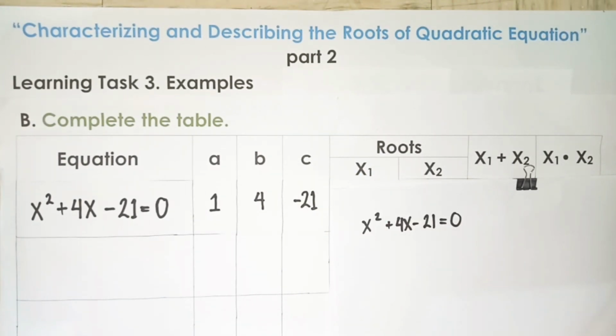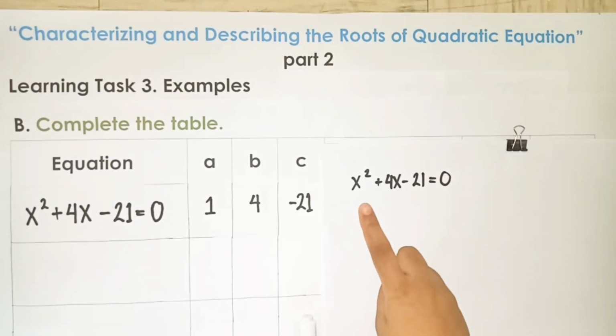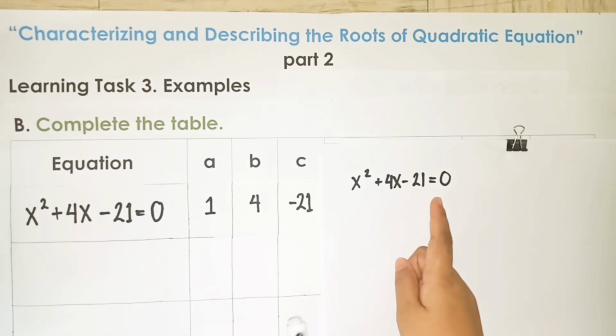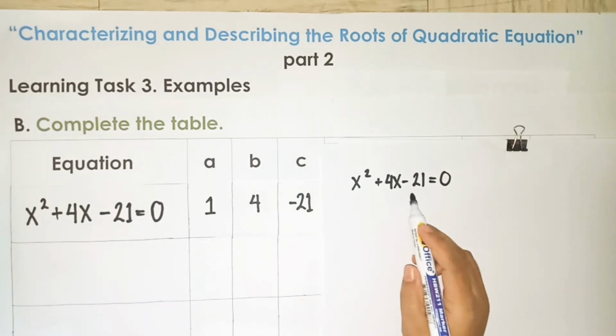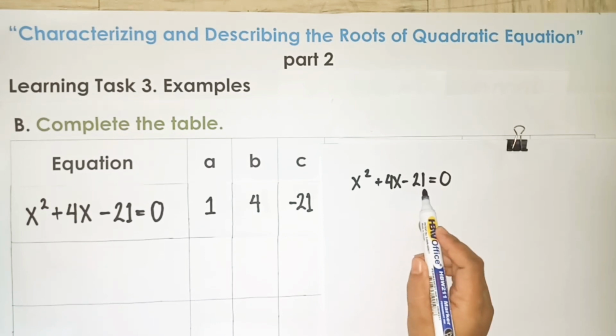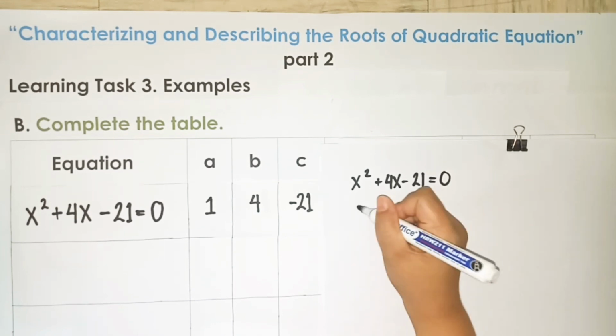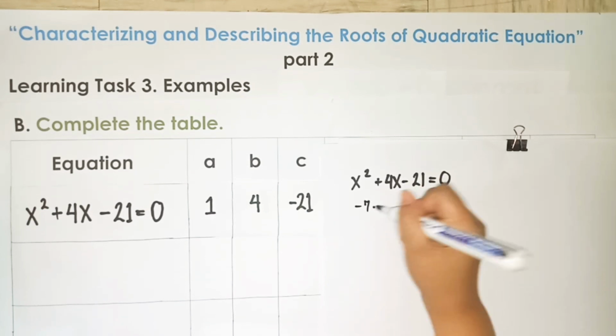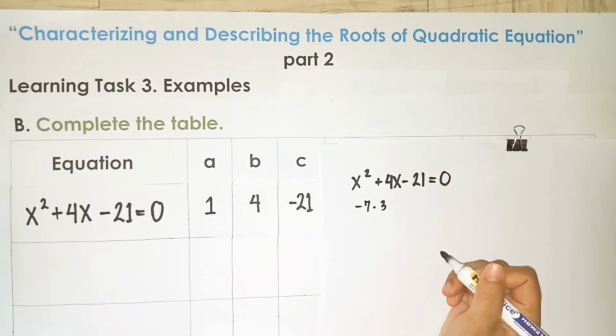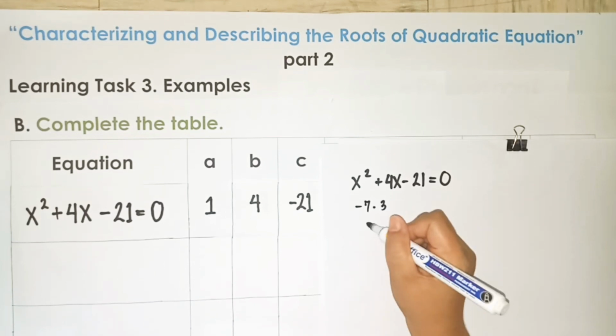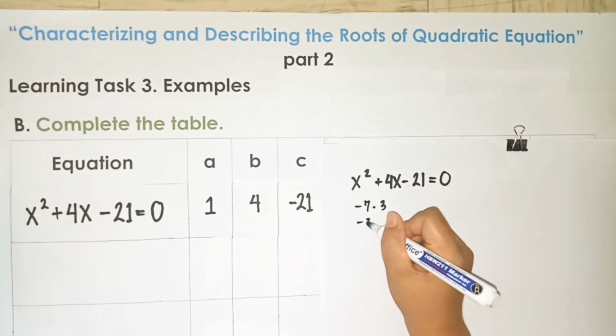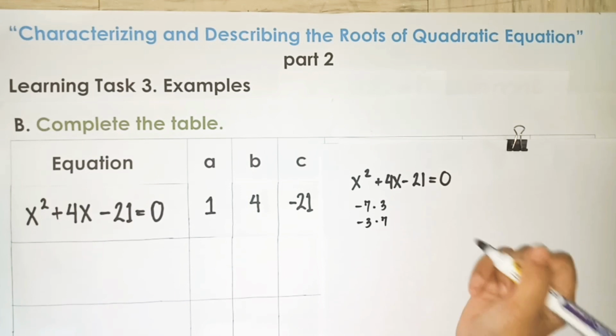Okay, so let's find the roots of this equation. Since x squared plus 4x minus 21 equals 0 is factorable, we're going to use factoring to find the roots. So think of two numbers that if you multiply, the answer is negative 21. Negative 7 times positive 3, or it can be negative 3 times positive 7.